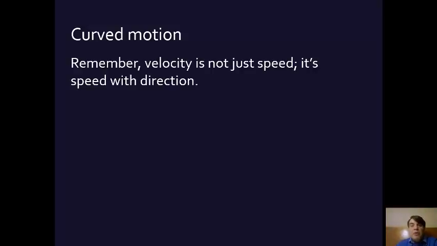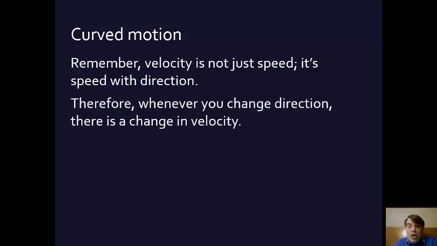That's speed. But if I want to say I was going 5 miles per hour north, then I'm talking about velocity. So velocity, by the very definition, includes a component of direction. So if velocity is not just speed, but also speed with direction, then whenever you change direction, you are changing the velocity. Just take a second to soak that in.